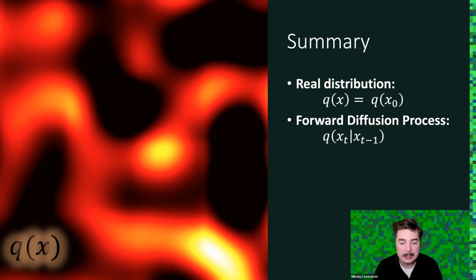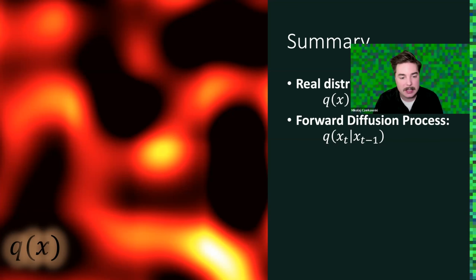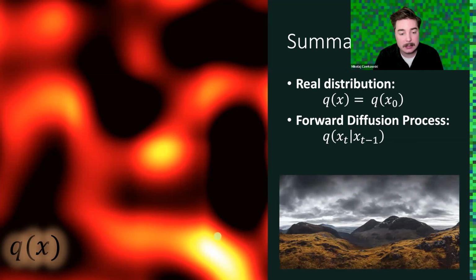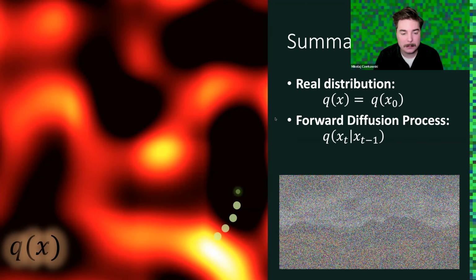Okay, so this is just how we formulate the forward process of diffusion. And what we've done in the example in the previous slides is we've started in a location where this likelihood was fairly high, we started just adding pure Gaussian noise, nothing fancy, and we started drifting away from our data manifold. Okay, so that's basically the forward process of diffusion.